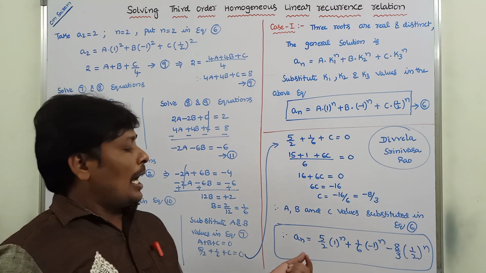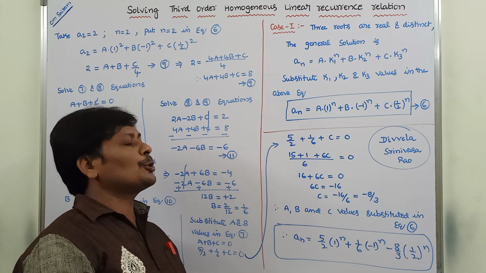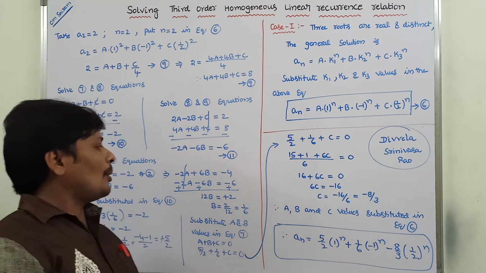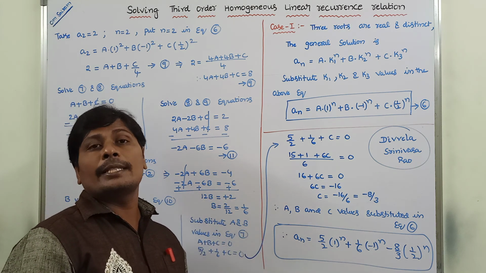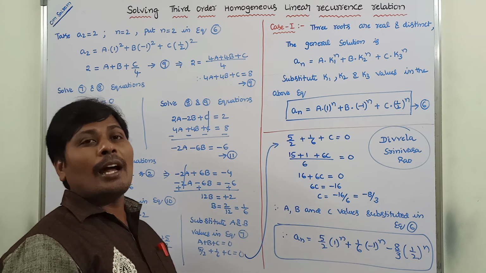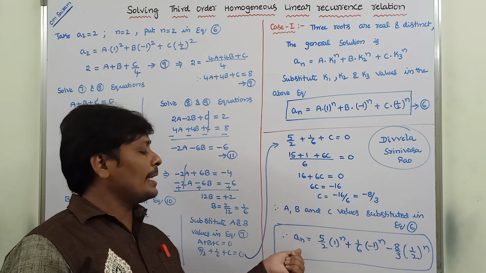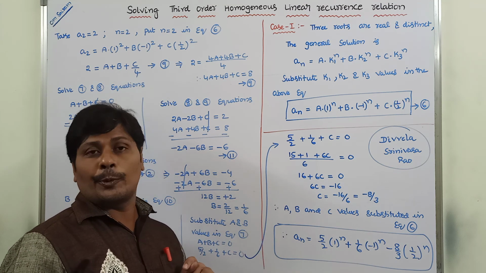Next, is our answer correct or not? We have to do verification. So here initial conditions are A0 is equal to 0, A1 is equal to 1, A2 is equal to 2. So for A0, put n is equal to 0 in this equation, then we are getting the value 0.